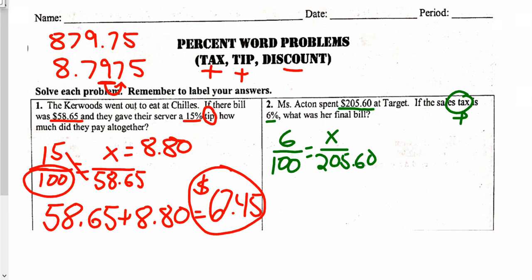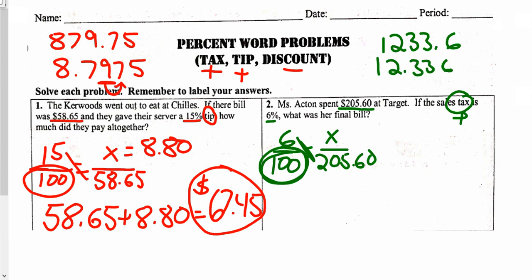So we're going to cross multiply 6 times 205 and 6/10, and we have 1,233 and 6/10. We're then going to divide that by 100, and we get 12 and 336 thousandths. We're going to round off to our nearest penny.